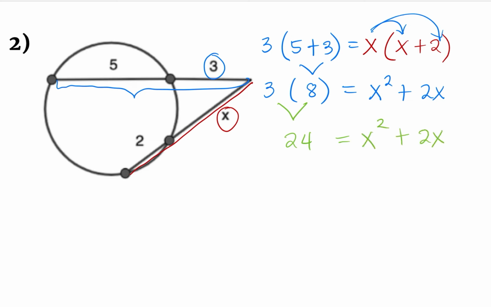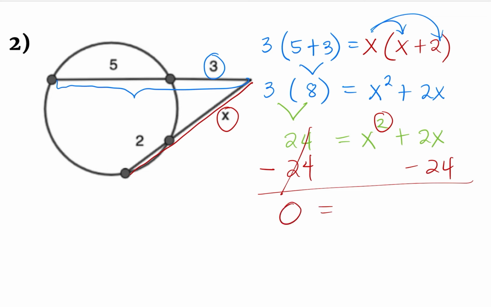In this case, we arrive with a quadratic equation. So again, if we arrive with an equation that is quadratic, we are going to bring everything on one side of the equation. To do that, we're going to subtract 24 on both sides. That would make the equation equal to 0, which is what we want. So in order for us to isolate x, there's nothing that is like terms on the right side of the equation. So we have x squared plus 2x minus 24.